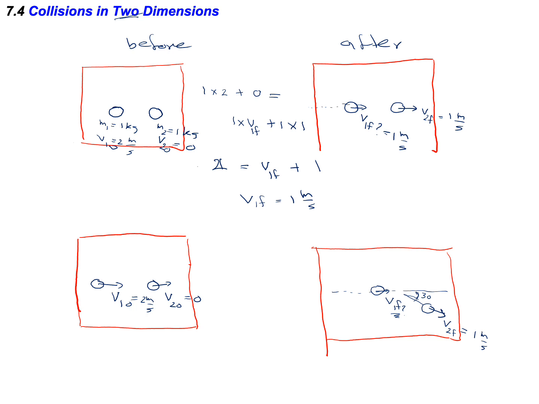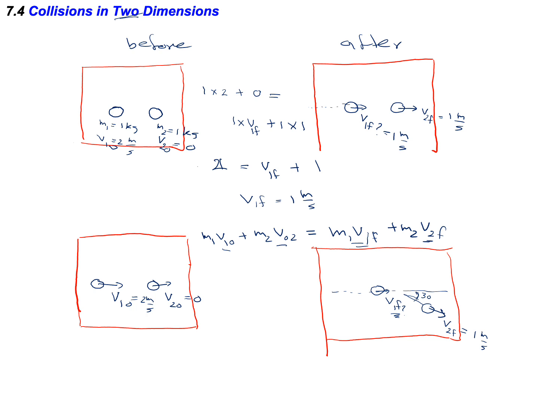Remember the initial equation: mass 1 times initial velocity 1, plus mass 2 times initial velocity 2, equals mass 1 times final velocity 1, plus mass 2 times final velocity 2. Velocities have a direction.